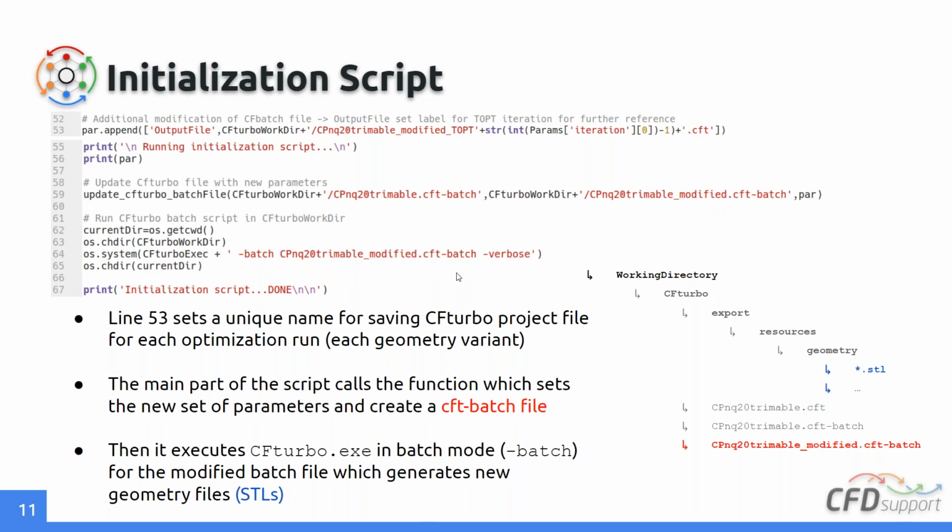And minus verbose will give you some additional information, so this is not important. Okay, and in each run, you can see that it will create a new modified batch file with the current set of parameters. And after executing the CFturbo batch mode, we get the new set of STLs to be simulated.